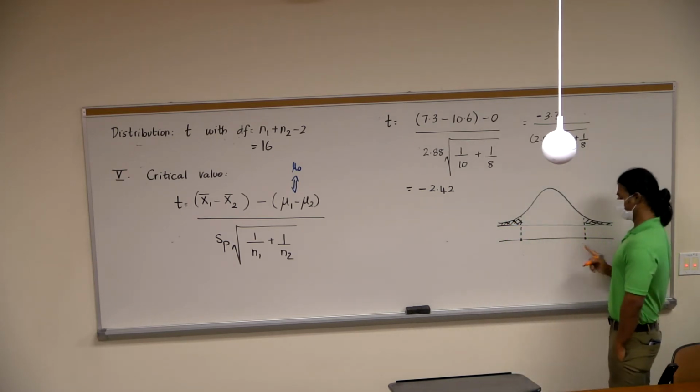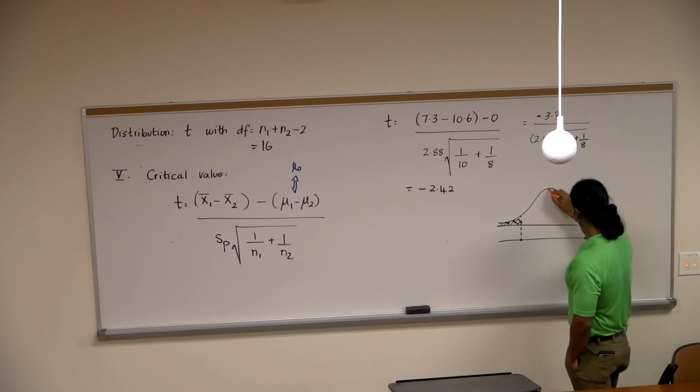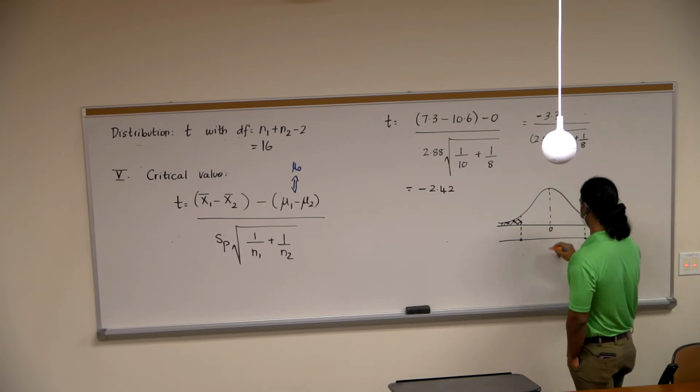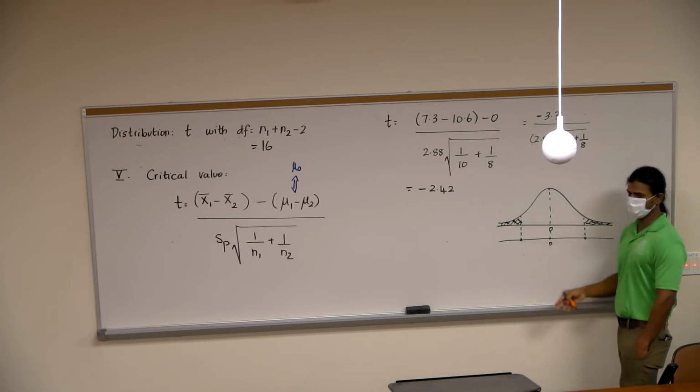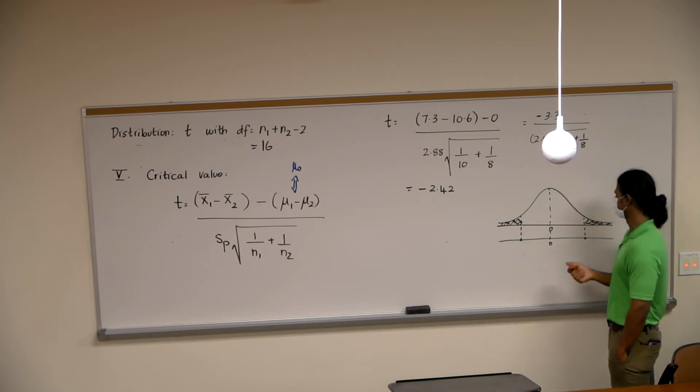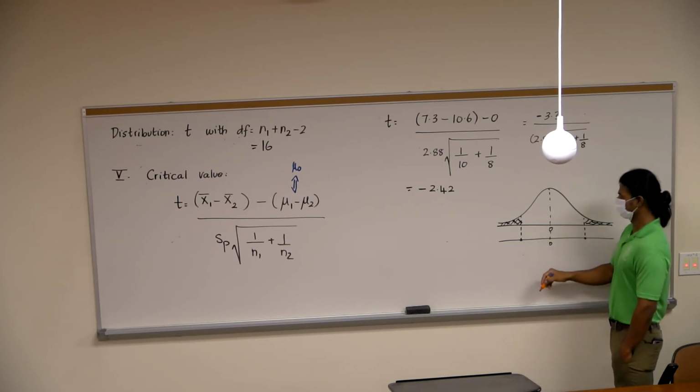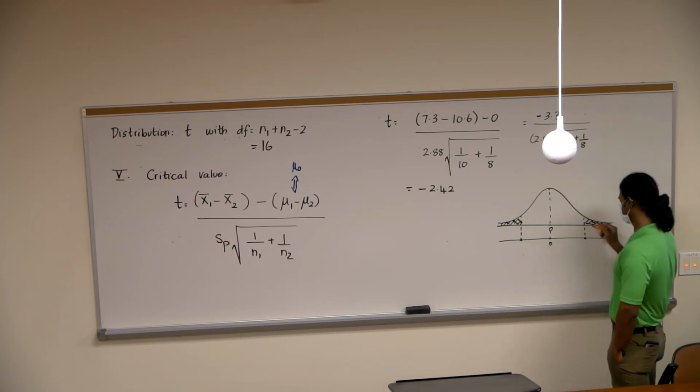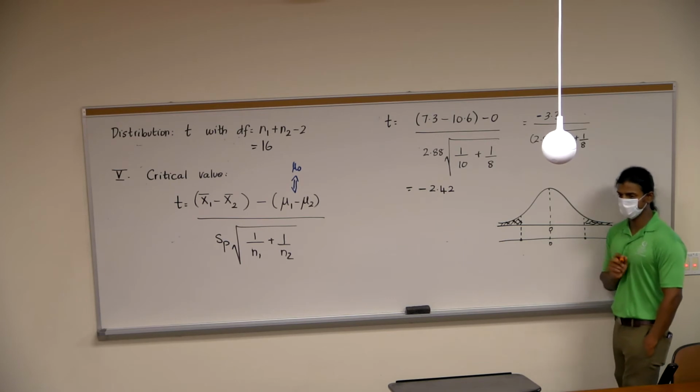We need to find each of those critical values, but we know if we find one, we could naturally find the other, because one would be the negative of the other. So in order to find the critical value, we need to know the area on either side. What is the area on that table?